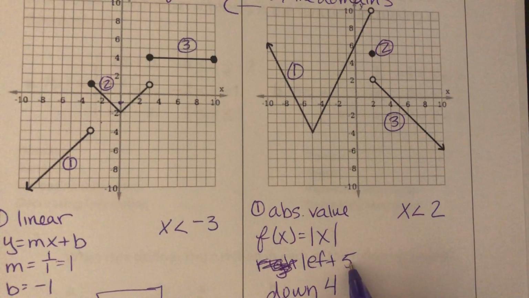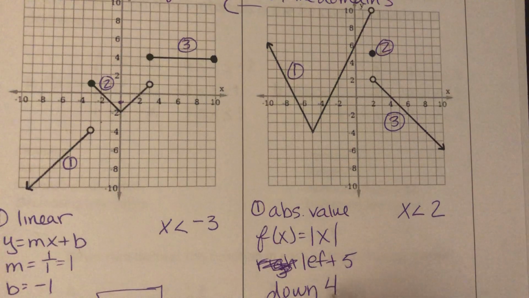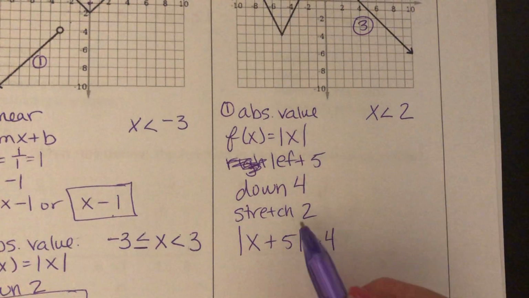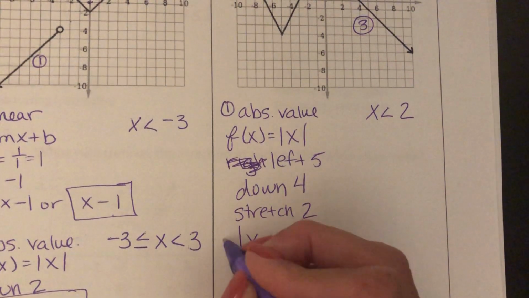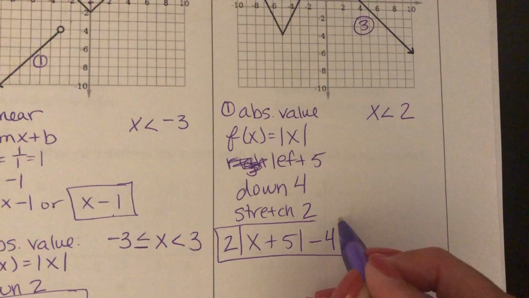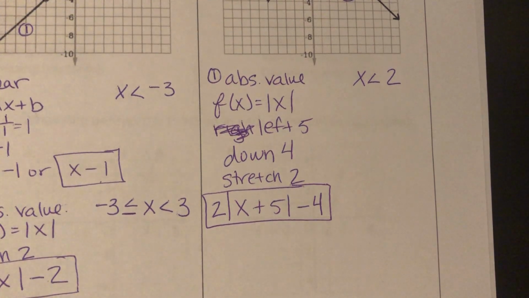So left 5 would be plus 5. Down 4 would be minus 4 on the outside. And then the stretch of 2 would go in the front there. Okay. So that one's done.